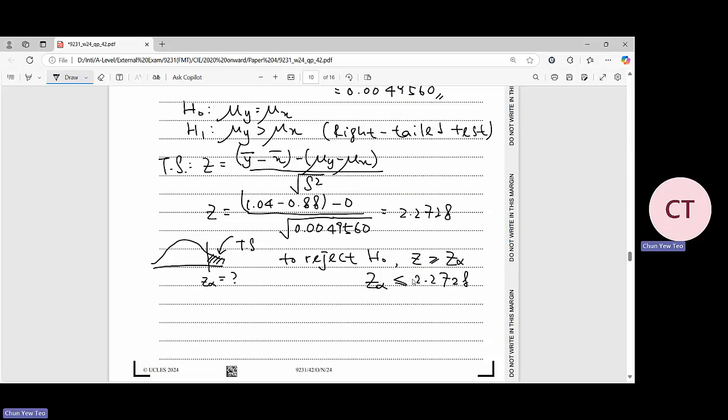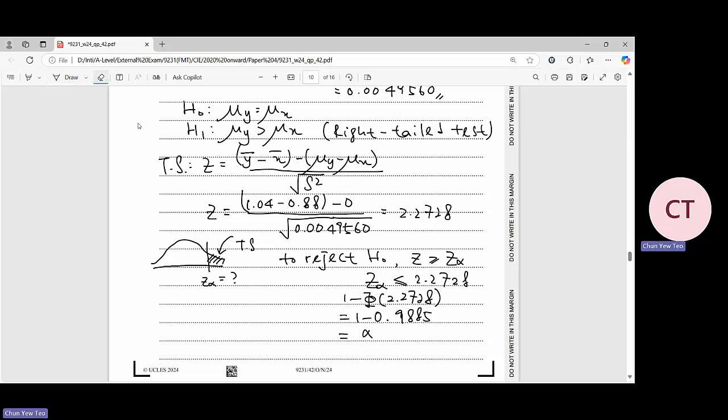So what we can do is just write the value, which is 1 minus phi of 2.2728. This will be equal to 1 minus 0.9885, which is alpha.